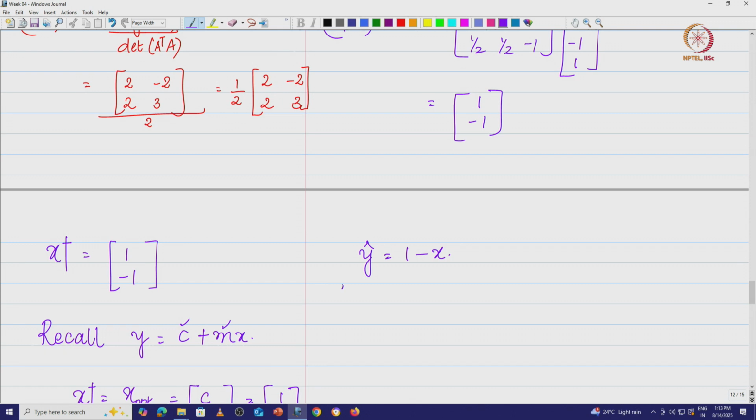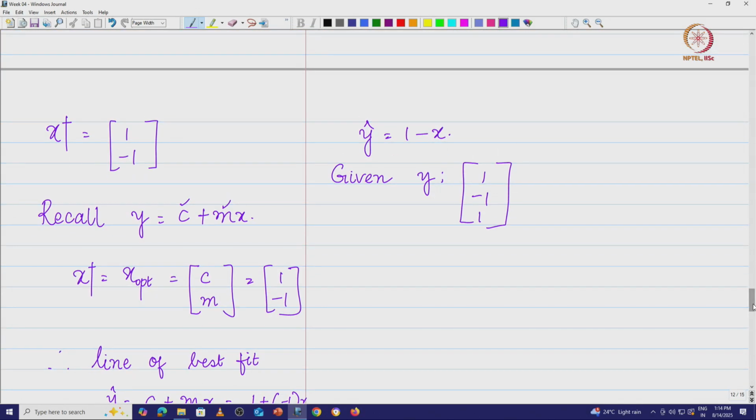Now, what we will do is we will figure out what is this y hat. Our given y was basically this. What was the given y? We had 1 minus 1 1. Now, y hat, what we will do is we will substitute the values of x that we had taken. So, y hat is nothing but 1 minus x, where the values of x that we considered was 1 1 and 0.